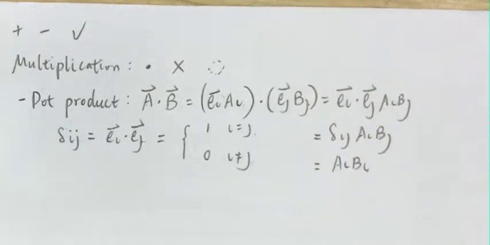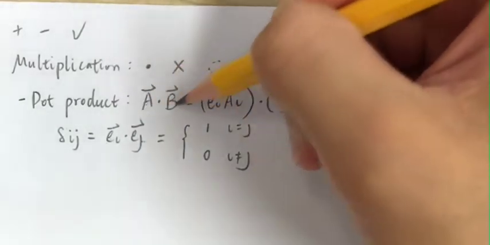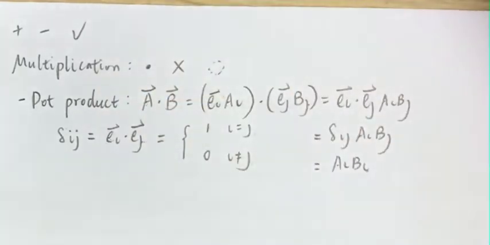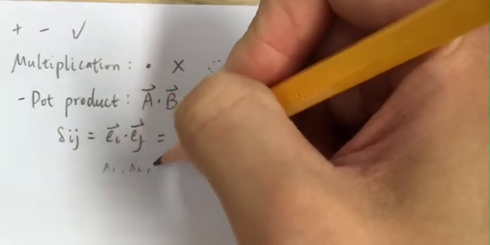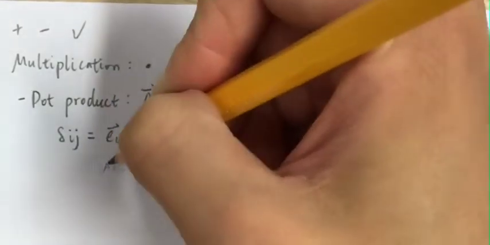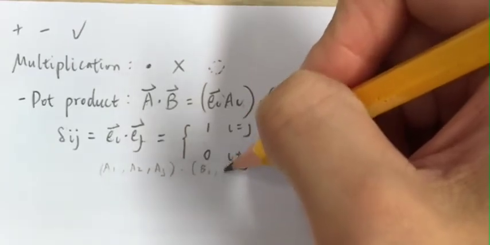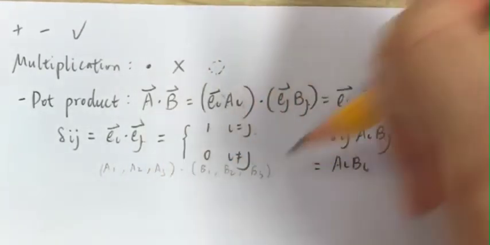Is this result the same as our intuition, as what we have learned before? Yes, because A times B, if we write it out in coordinate form, will be (A1, A2, A3) dot (B1, B2, B3), the two vectors, right?